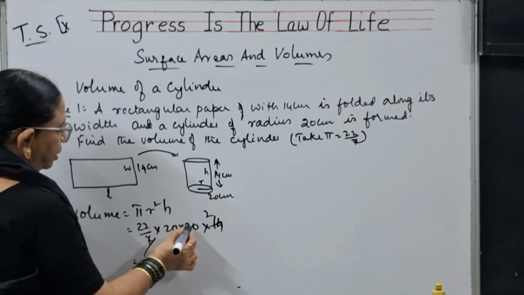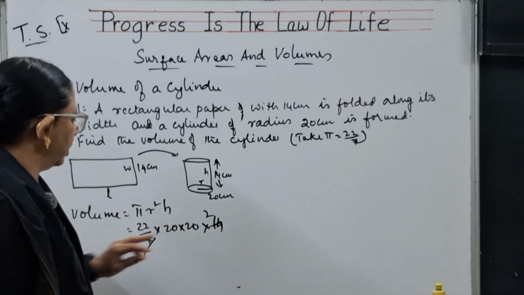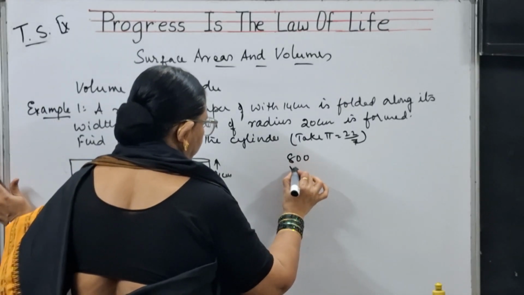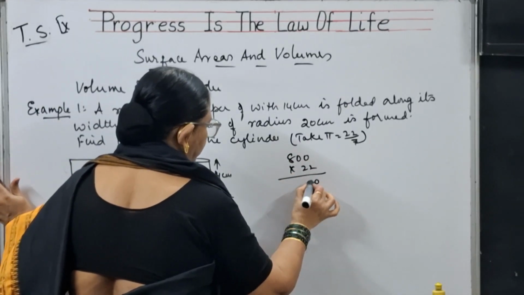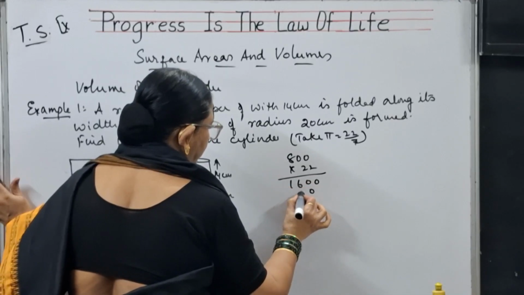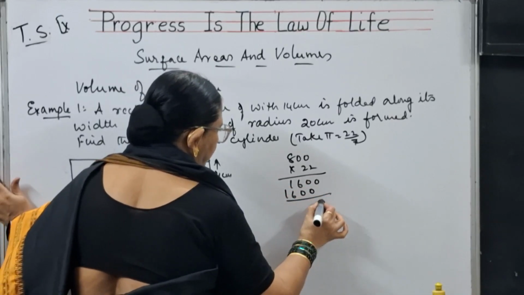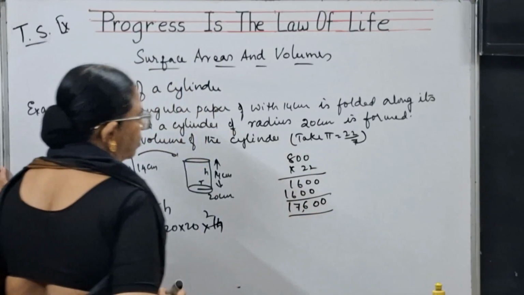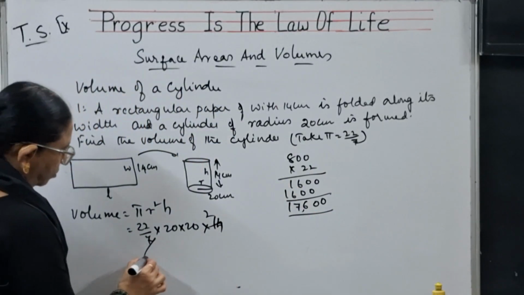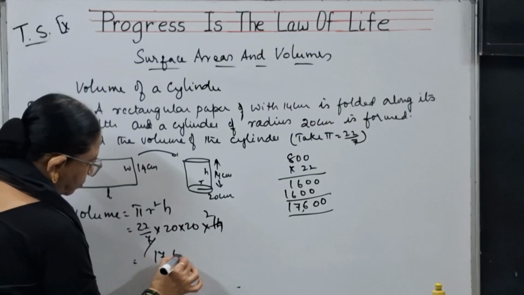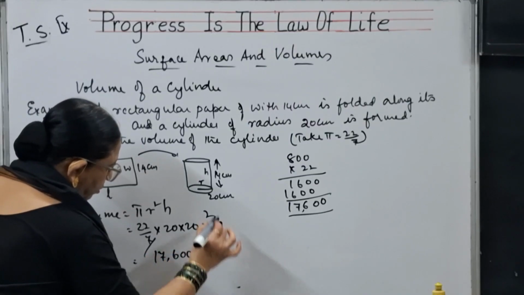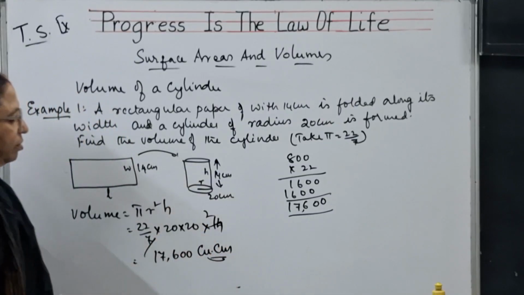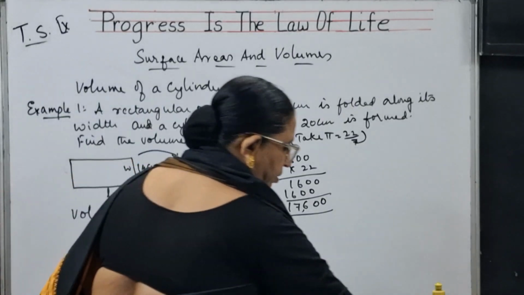So how much are you getting? 20 into 20 is 400. 400 into 2 is 800. 800 into 22 is 17,600. So volume is 17,600 cubic centimeters. Okay, this is the answer for this problem, children.